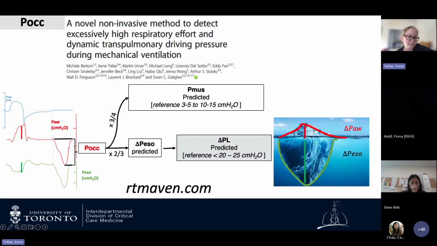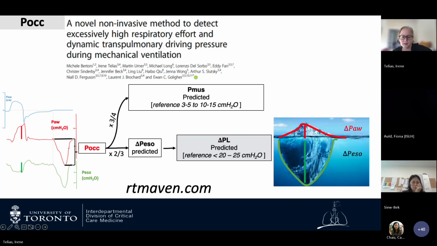So first we multiply POC by 2/3, or 0.66, and that will give us this negative deflection. And then we add this value to the positive pressure delivered by the ventilator, okay? And we have what we call the total driving transpulmonary pressure, dynamic. Why dynamic? Because this value includes the pressure needed to generate flow through the airways, not just the inflation.